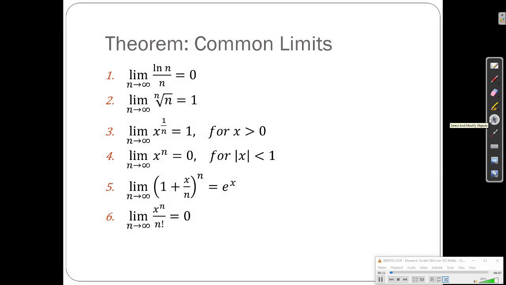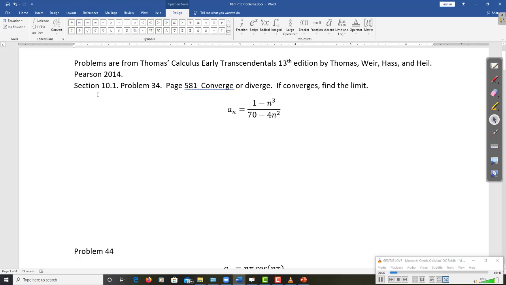Let's do some limit problems. These are all from our textbook in section 10.1. This first one is problem 34. We're trying to determine whether it converges or diverges and find its limit if it does converge. This one's a pretty simple one. The limit as n goes to infinity of this thing: 1 minus n cubed over 70 minus 4n squared.